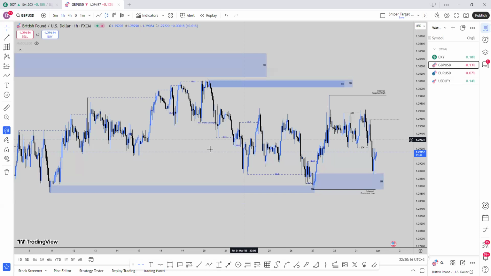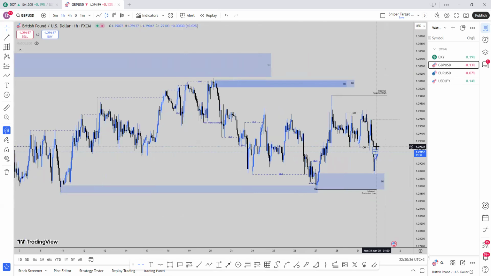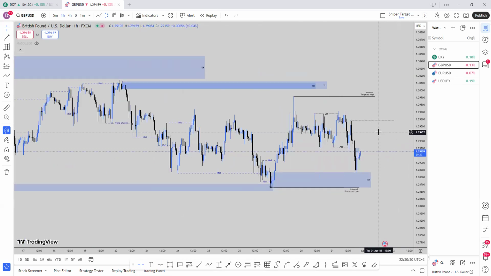Okay, because overall we are just stuck in between this high and that low. Is it tradable? Yes, you may find a good trading opportunity, but my edge doesn't allow me to trade these sort of market environments.